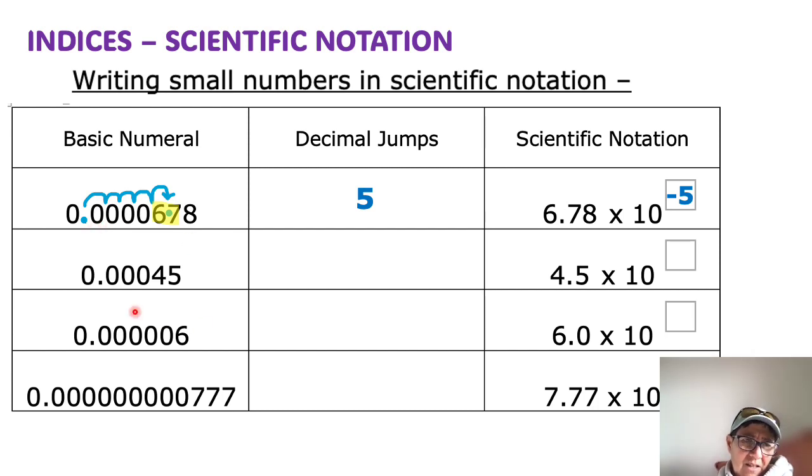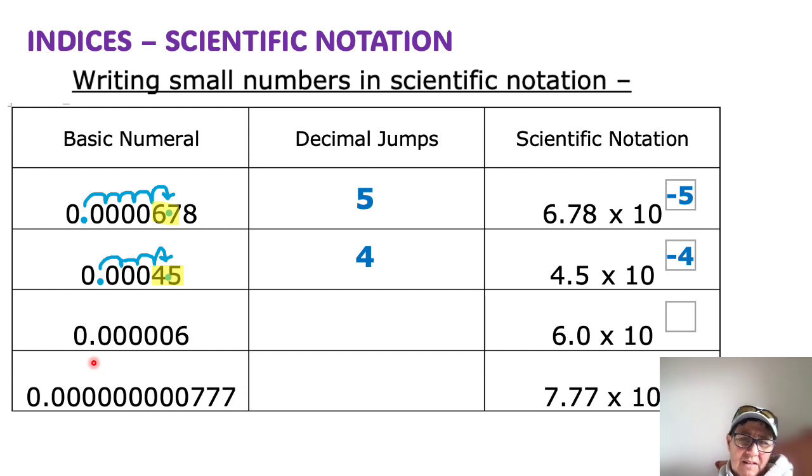Try this one. The decimal place is here. I want it to go in between the first 2 numbers, in between the 4 and the 5. How many jumps? 1, 2, oh, this is weird. 1, 2, 3, 4. 4 jumps, went the wrong way. 4.5 times 10 to the negative 4. Next one.